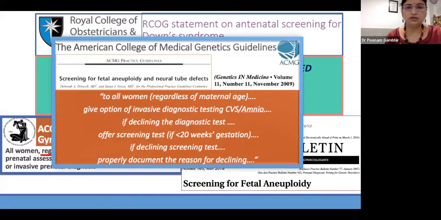The recent ACMG also gave a similar guideline that to all women, regardless of maternal age, offer the option of invasive diagnostic testing. If they decline, then offer them a screening test. If they decline the screening test also, properly document the reason for declining on your prescription, so that you safeguard yourself. That is important.